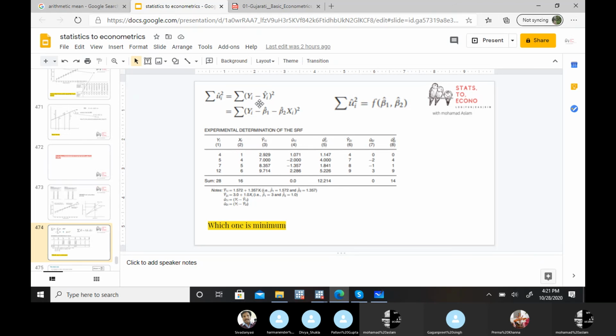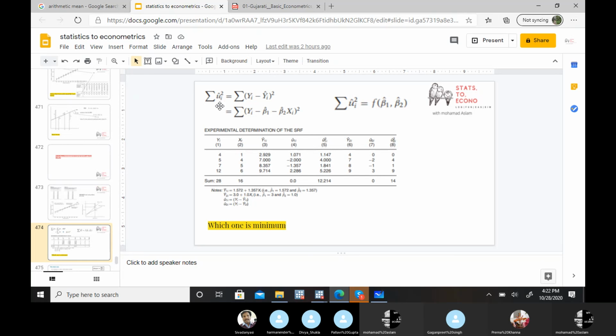Theoretically we are saying we have to minimize this gap between actual values and estimated values, and that gap is your u hat. But you don't have u hat values unless you have the sample estimates like beta 1 hat and beta 2 hat. Then only you can calculate the u hat. But theoretically, we minimize it, so we keep it equal to 0 and we estimate the formulas for beta 1 hat and beta 2 hat.